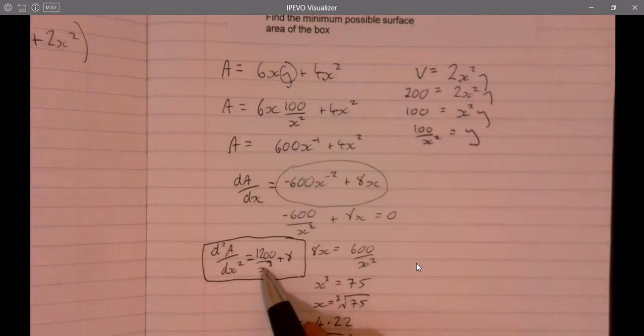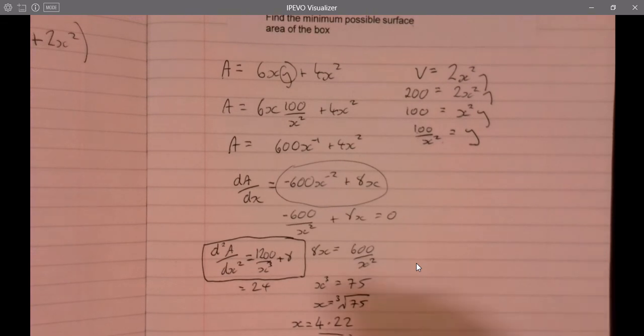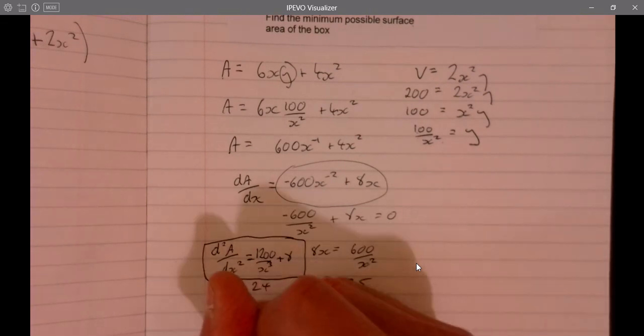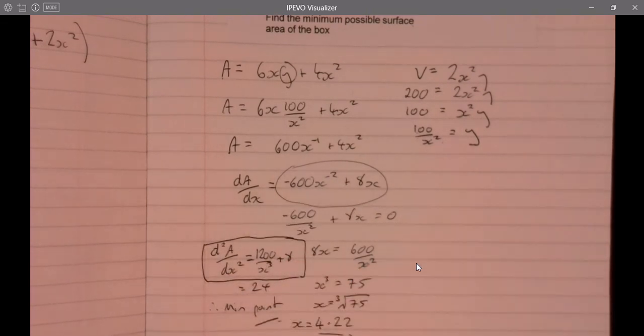Sub that into there. Remember, you're just going to cube it, so that's actually going to be 75. So it's going to be 1200 divided by 75 plus 8, and that's going to equal 24. Positive, therefore minimum point. Alright, so we've proved it's a minimum point.